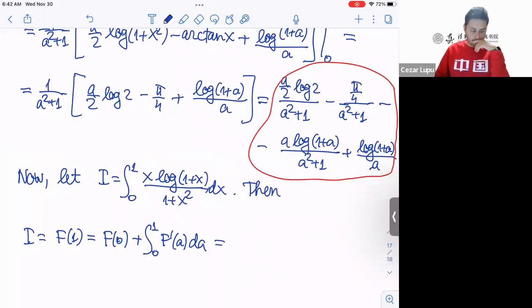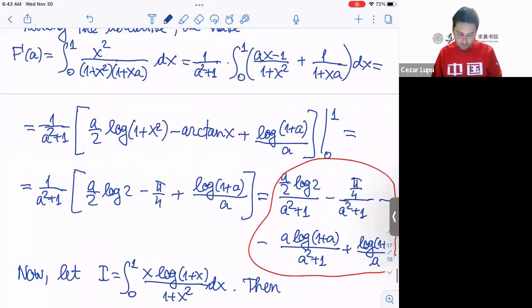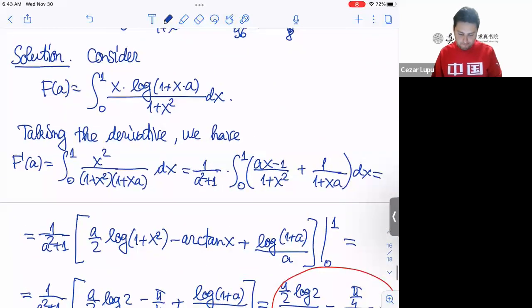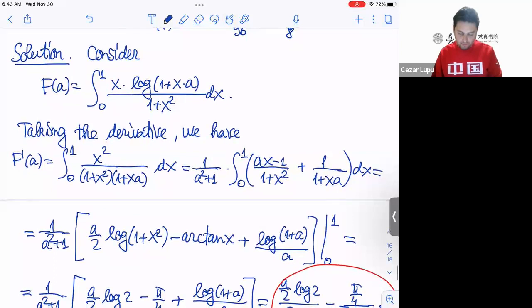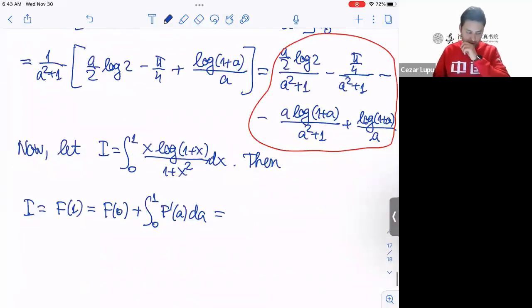So this would be f of 0. Okay, so basically this would give us 0 plus 1/2. Let's be careful here.